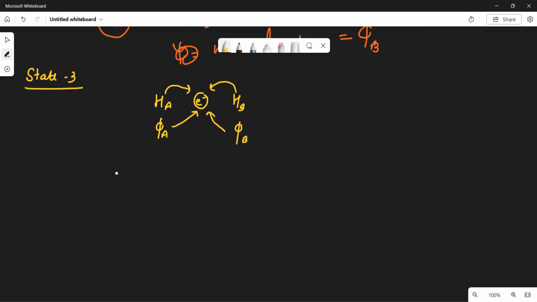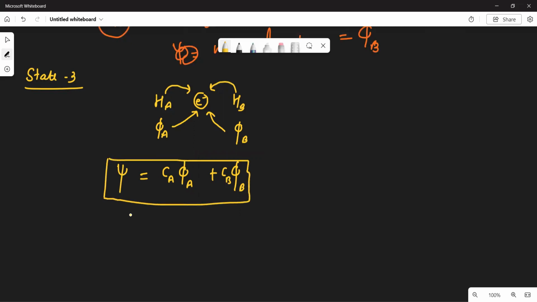Now, how to represent the wave function for the third state? The wave function for the third state will be equal to Ca psi A plus Cb psi B, with some constants multiplied with these wave functions. This Ca and Cb are known as mixing coefficients.